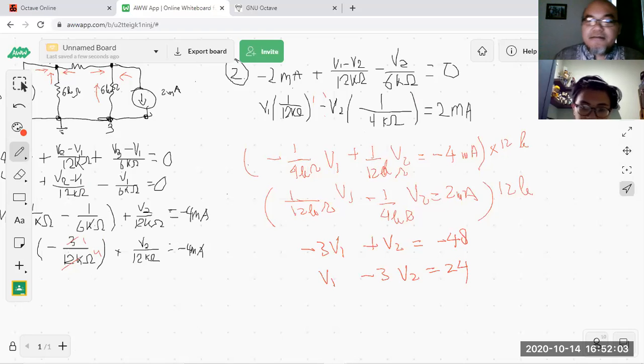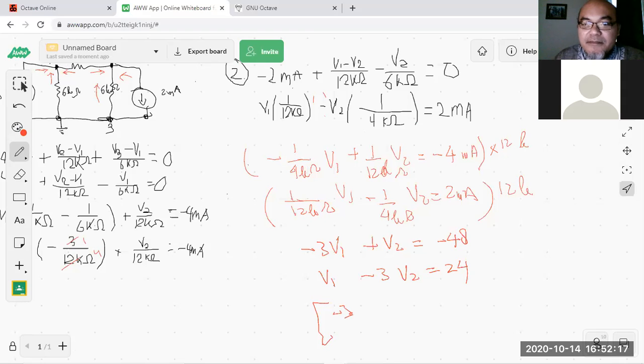From here you can use Gaussian, elimination, whatsoever. Let's try to use the matrix now. This becomes -3, 1, 1, -3.